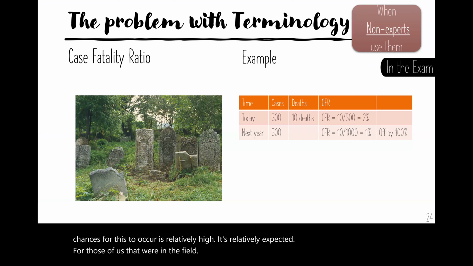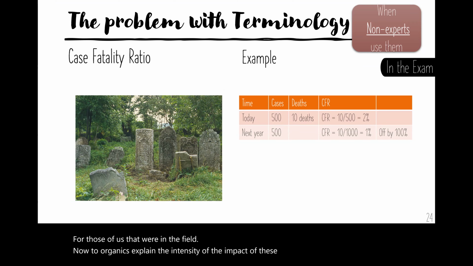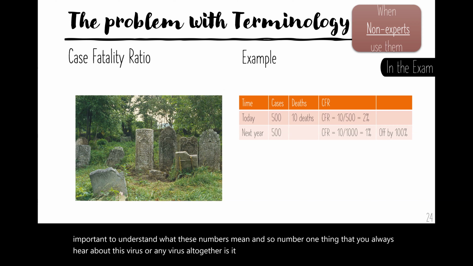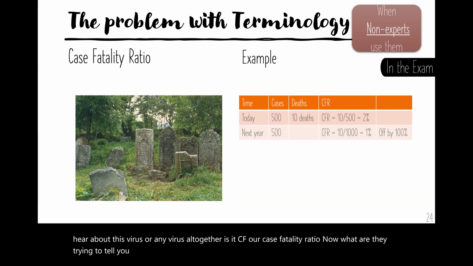Now, to explain the intensity, the impact that these things have, it's really important to understand what these numbers mean. The number one thing you'll always hear about this virus, or any virus, is its CFR, or case fatality ratio. Make sure you understand what they're trying to tell you here.